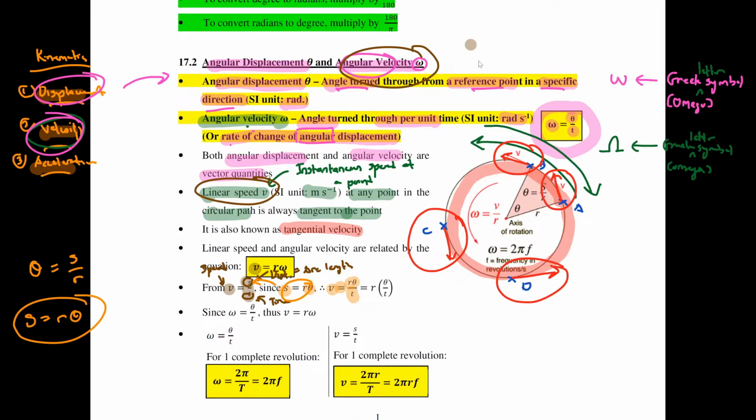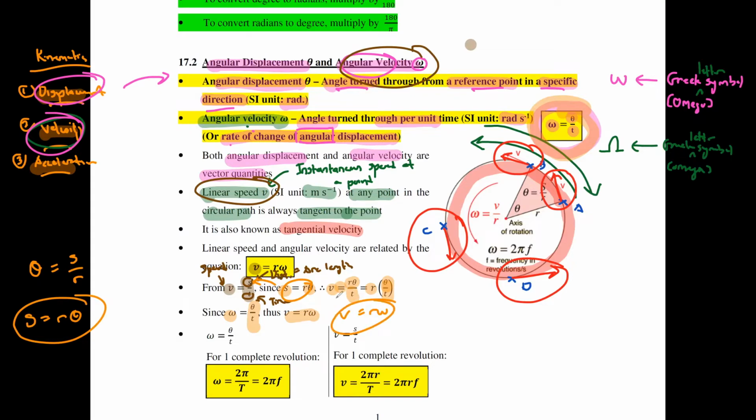Now you isolate theta over t here. Theta over t is actually omega. So since omega is theta over t, therefore v is r omega. So that's why we can say v equals r omega.